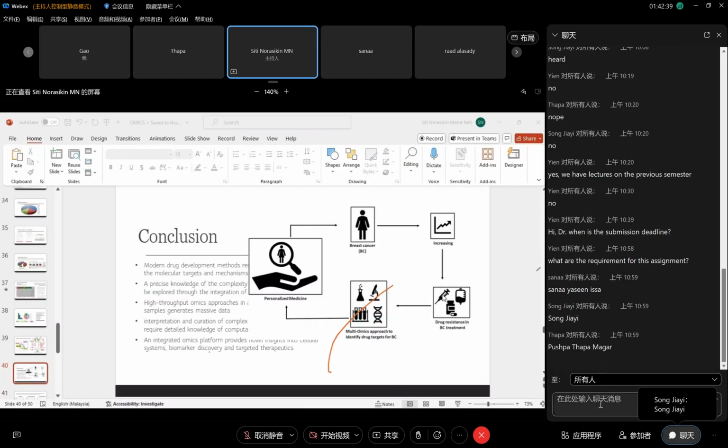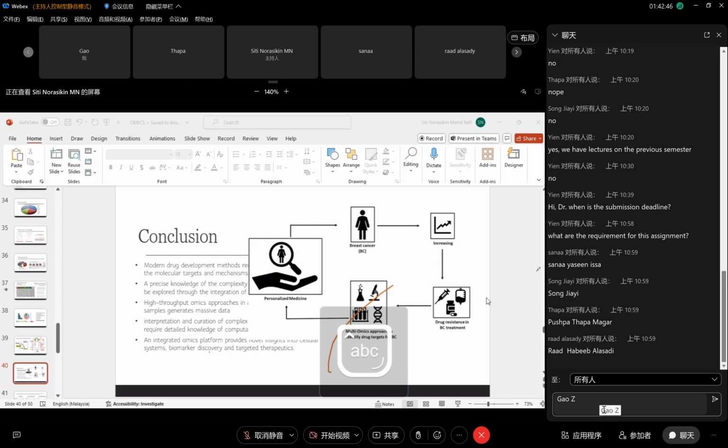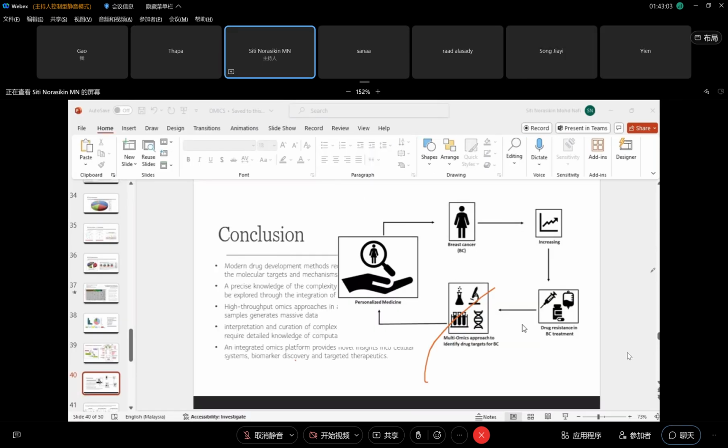Okay. Who actually scribbled something on this slide?